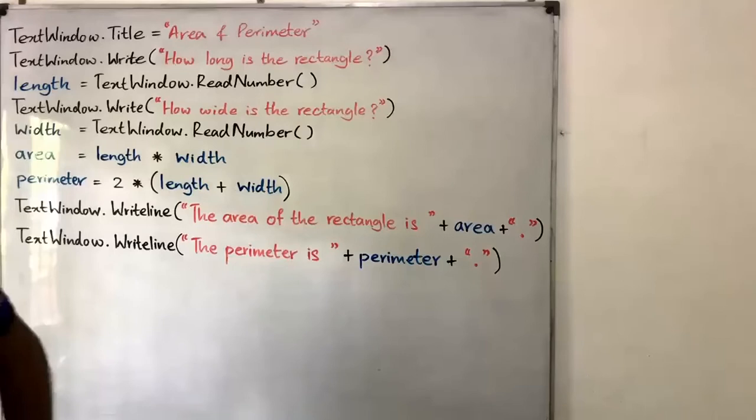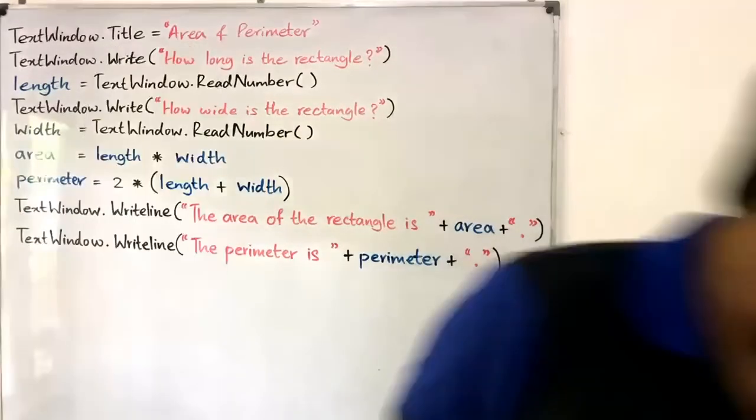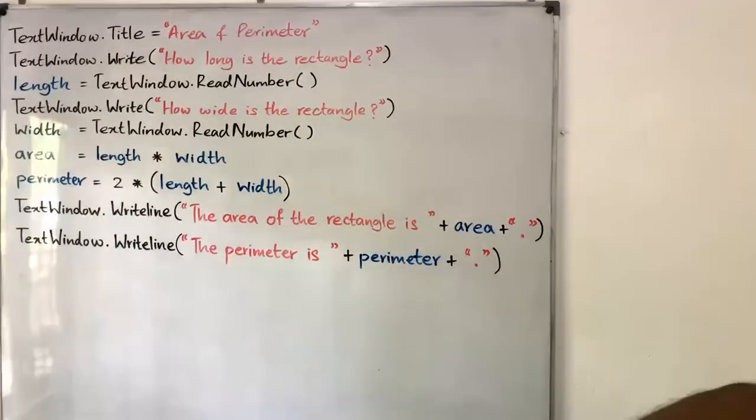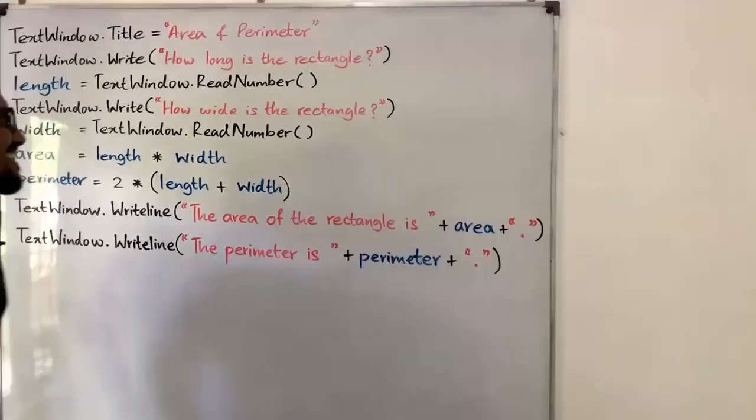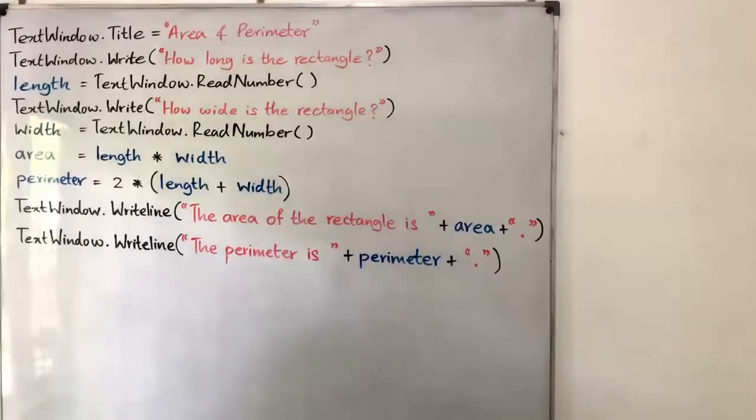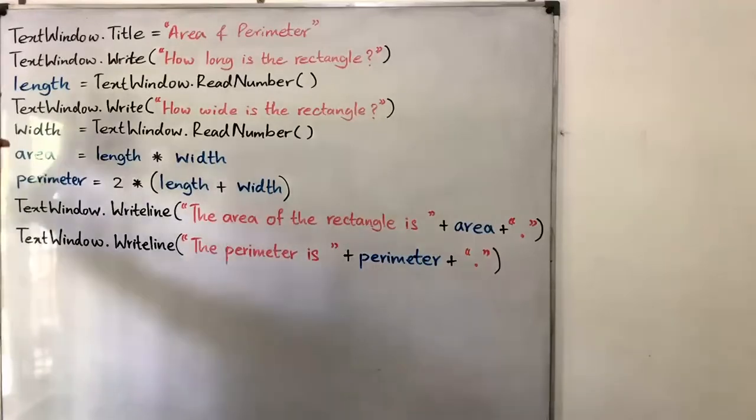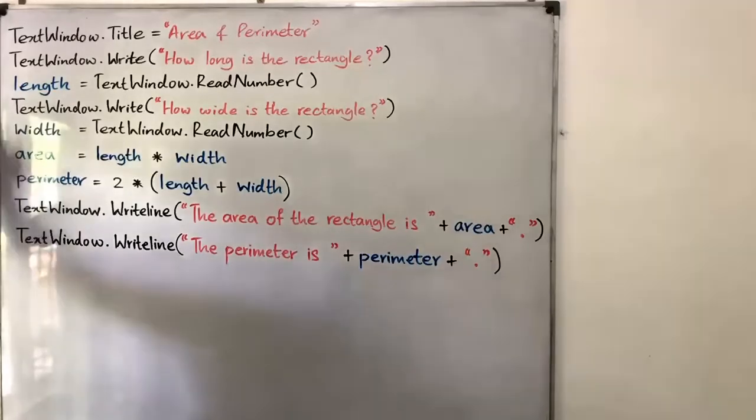Now listen carefully and pay your attention. The same code segment in the PowerPoint is on this whiteboard, so I would like to explain that code segment using the whiteboard.